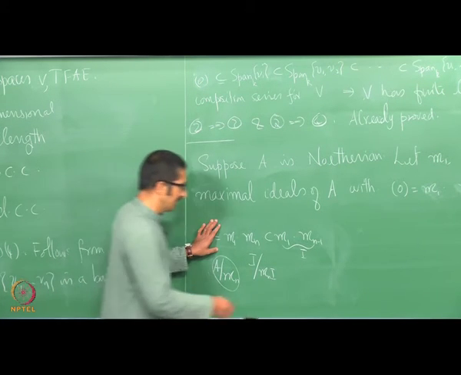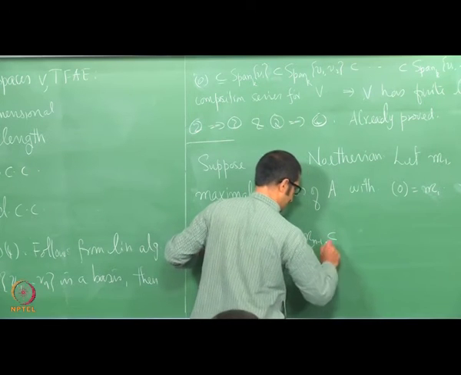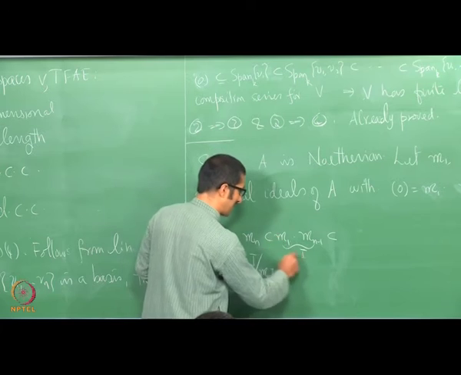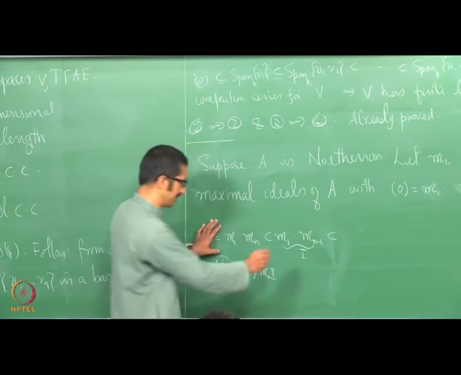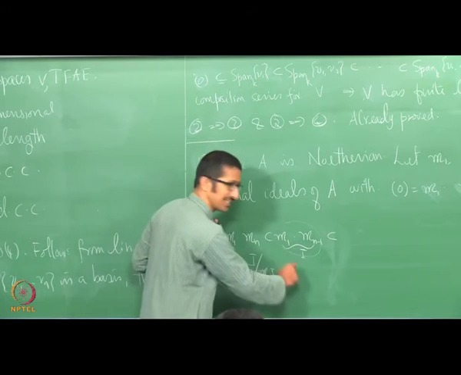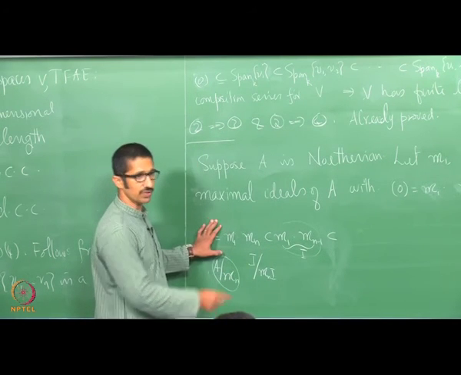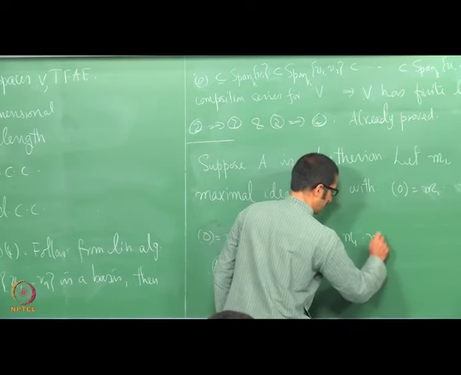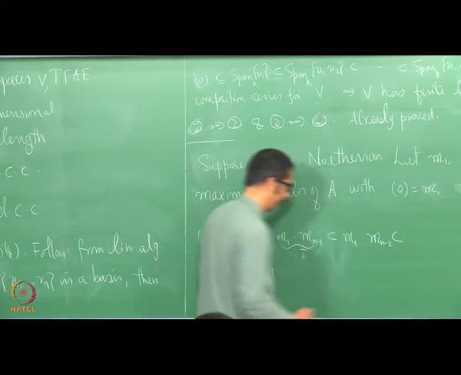Now, this need not be simple, but this has finite length, that is, it satisfies the ascending chain condition. Now, look at M1 up to Mn minus 2.